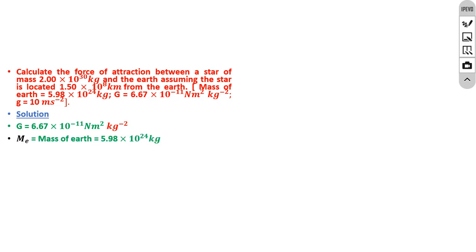Mass of the Earth, 5.98 times 10 to the power 24 kilogram. Mass of the star, 2 times 10 to the power 30 kilogram. g, 10 meters per second square, and the radius, the distance of separation between the Earth and the star, is 1.50 times 10 to the power 8 kilometers.